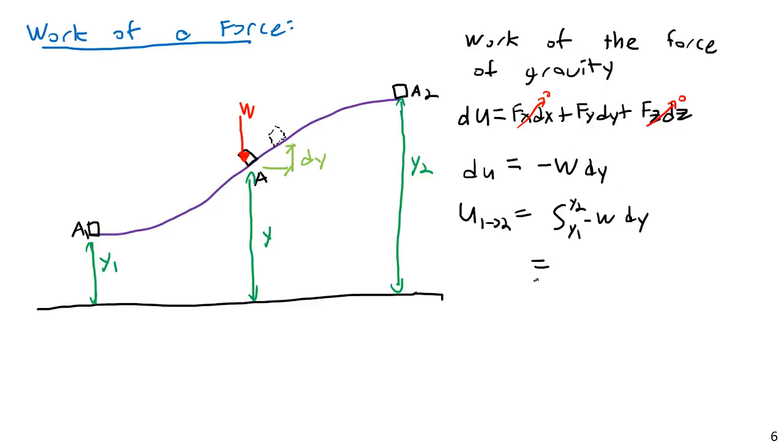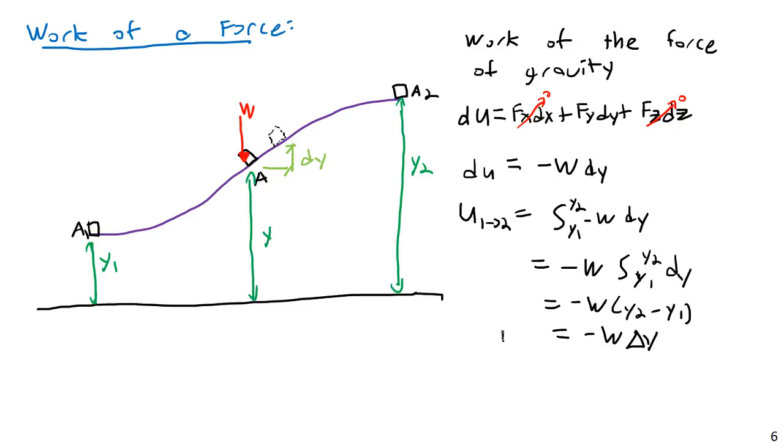So I can just pull out the whole negative W. I can just say negative W integral from y1 to y2 dy, or simply, this will just become y, so that will just be negative W times y2 minus y1, or I could call this negative W delta y, and that would be the work done by gravity from 1 to 2.